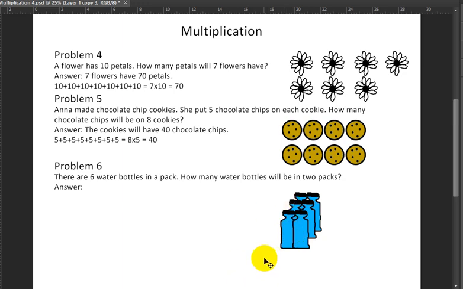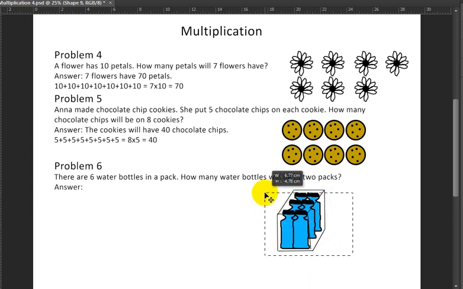And this is a pack, right? So I'm going to put this, basically, I'm going to make a little box around them to show that, okay, they're in a pack. Right? Okay, so this is my pack of water bottles.